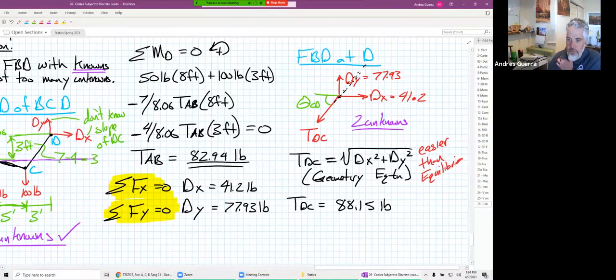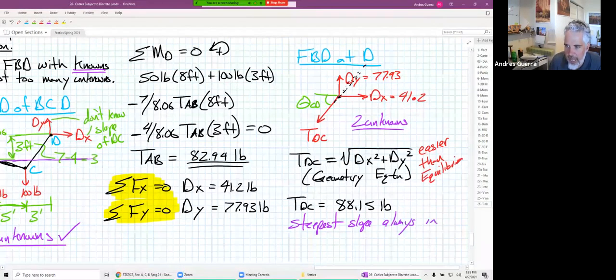Okay, so we just found TDC. Now we know the steepest slope is going to be at the end points, right? So the steepest slope is always in the end segments. It can never be in the middle.